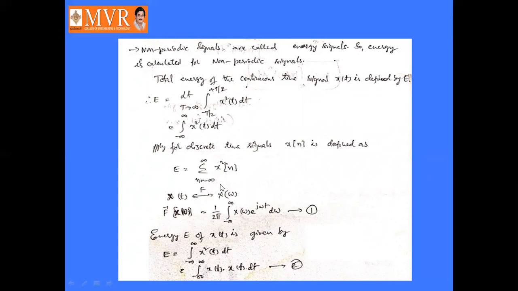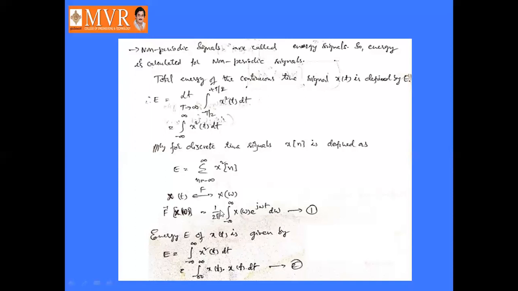Then the inverse Fourier transform of X(ω), that is x(t), is equal to 1 by 2π integral from minus infinity to infinity of X(ω) e^(+jωt) dω. That is equation number 1. So the energy E of x(t) is given by E equal to the integral from minus infinity to infinity of x²(t) dt, or we can write this as the integral of x(t) into x(t) dt.